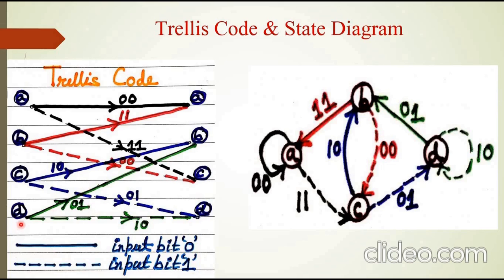Now the current state is D, the input is 1, meaning a dash line. Then the next state will be D. So from D to D there is a dash line and the output is 1 0, mentioned here. So this is the state diagram.